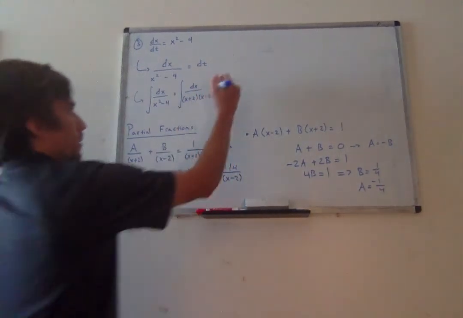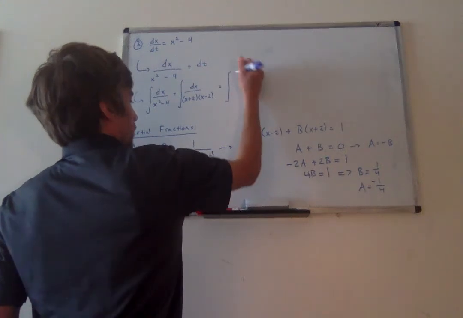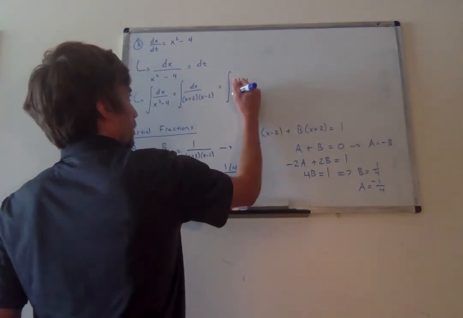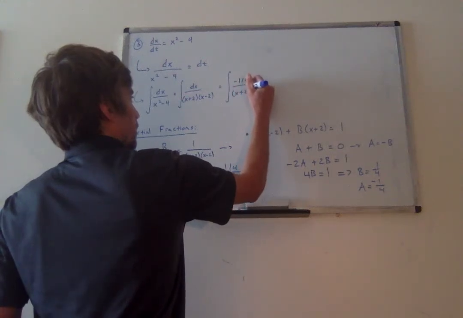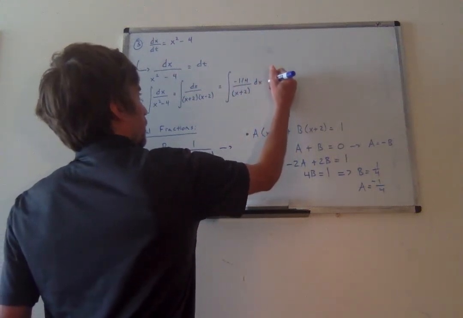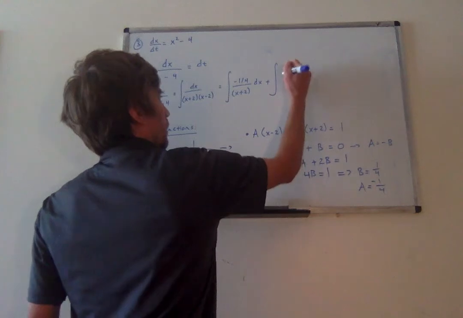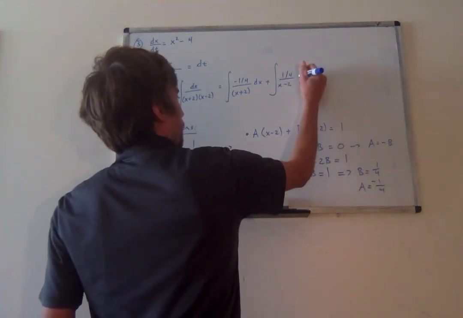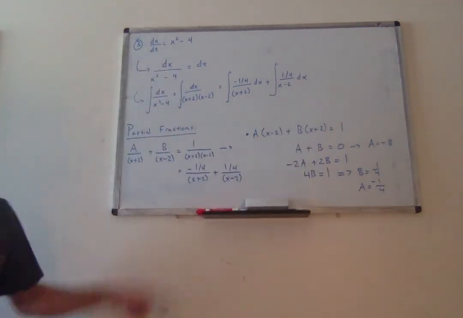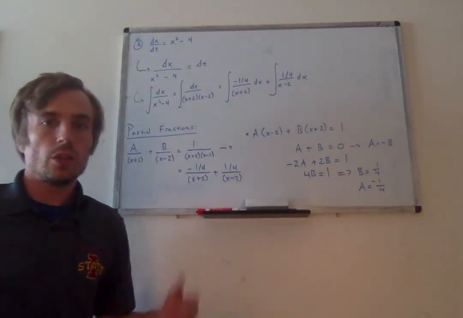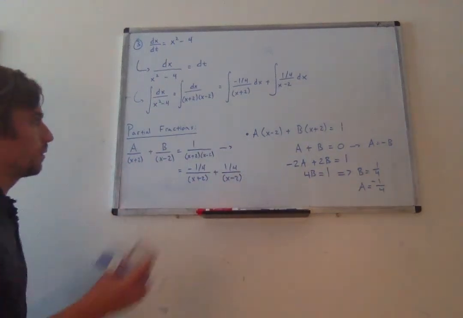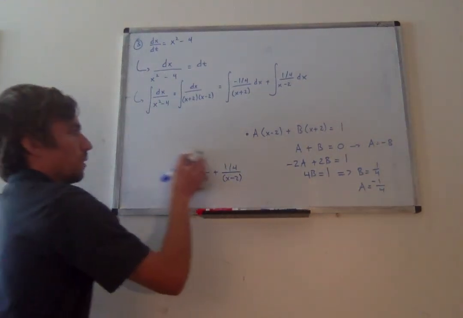And so now we can rewrite this integral as the sum of these two integrals, which is nice because these are just going to be natural log integrals. So fun, partial fractions.